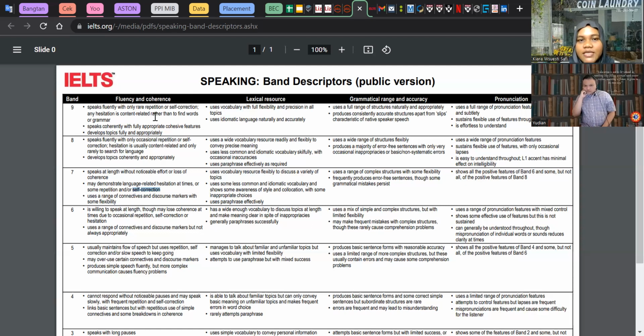I mean fluency, lexical resource, and grammatical range. So pronunciation is not everything, but as long as your examiner can understand you, then that should be all right.